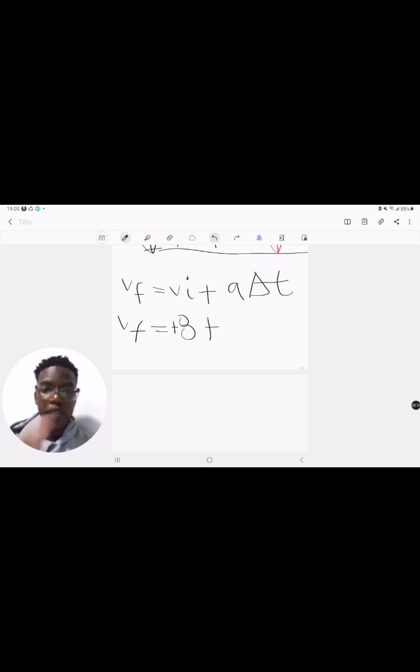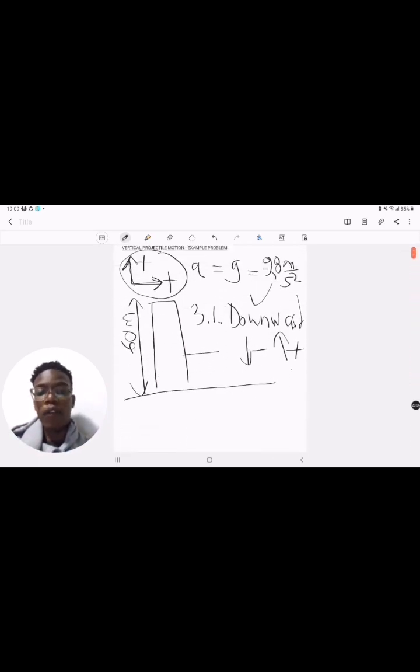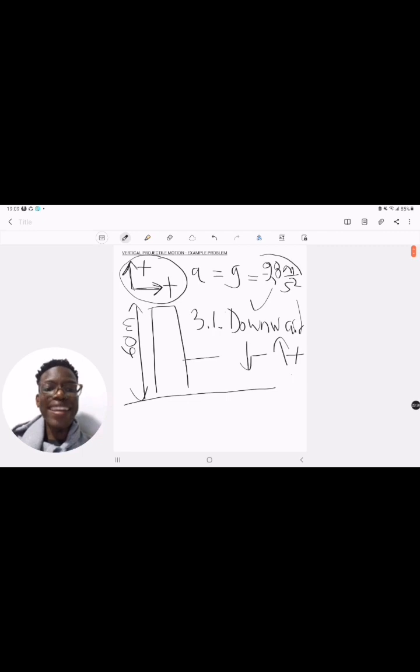From question 3.1 and from the first video where I explained this concept, what is a? a is minus 9.8. Remember, the sign is very important. Your acceleration is always negative for this sign convention. Please do not forget that wherever you see your acceleration, use a negative sign.